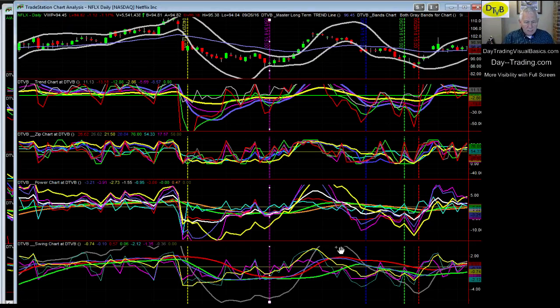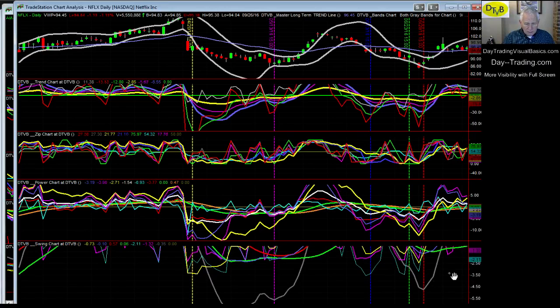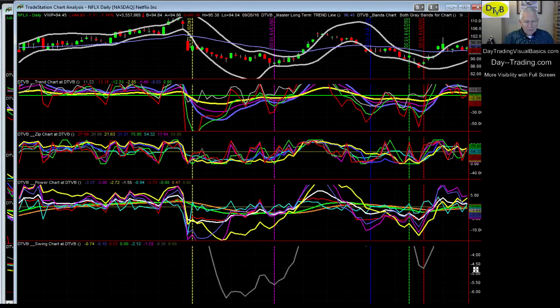We have, and I'll point it out down here, swing gray. I can expand this enough. We have swing gray in a low angle down again, and in this case we have one of the better uptrends of all the uptrends, and we had a low angle up that was red, trend red, low angle up, or a bottom of cycle pattern under green.